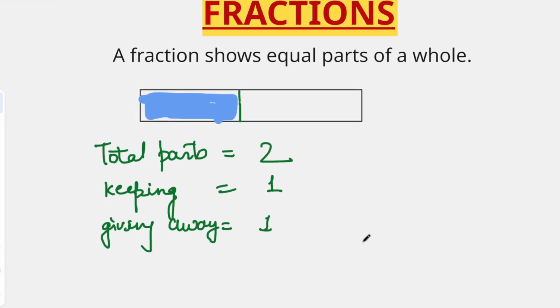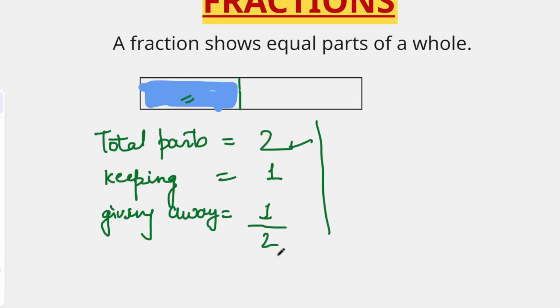Now, how do we represent a part of a whole in a fraction? So let's talk about this one, the blue shaded part. This is the part that you are giving away to your friend. So just one part you are giving away. Now, how many total parts do we have? We have two parts. So this is how we represent it.